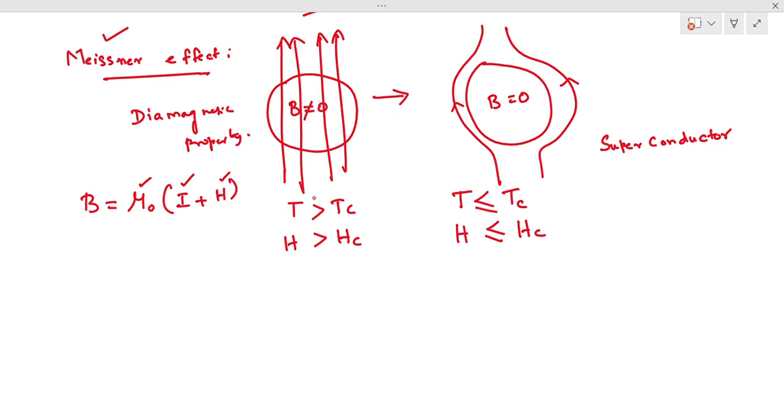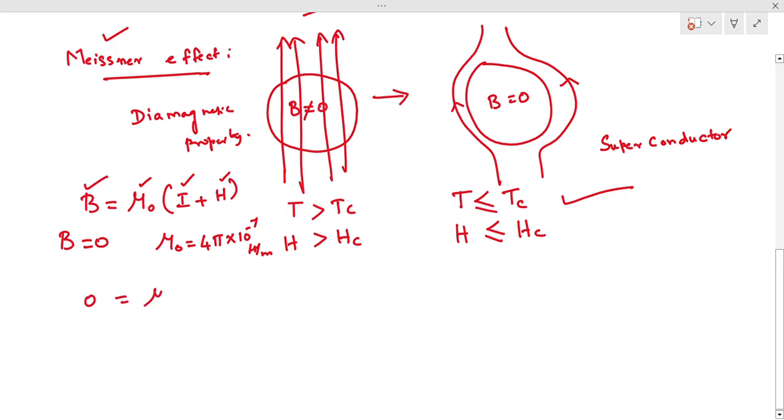Now, for a superconductor, from the second diagram, it is evident that B is equal to 0, but mu naught has a value 4 pi into 10 power minus 7 Henry per meter. Therefore, B becomes 0: 0 is equal to mu naught into (I plus H).